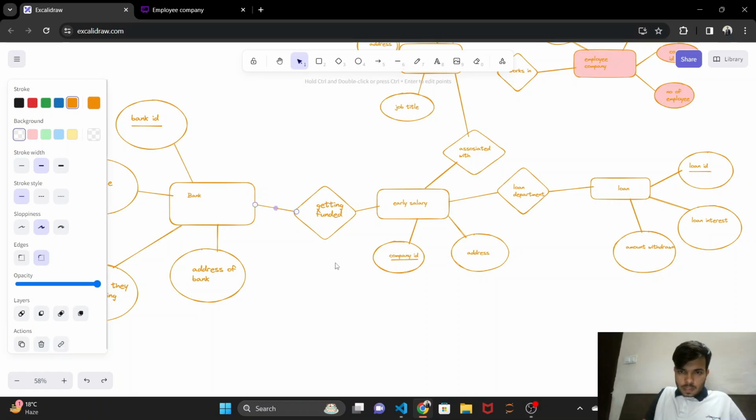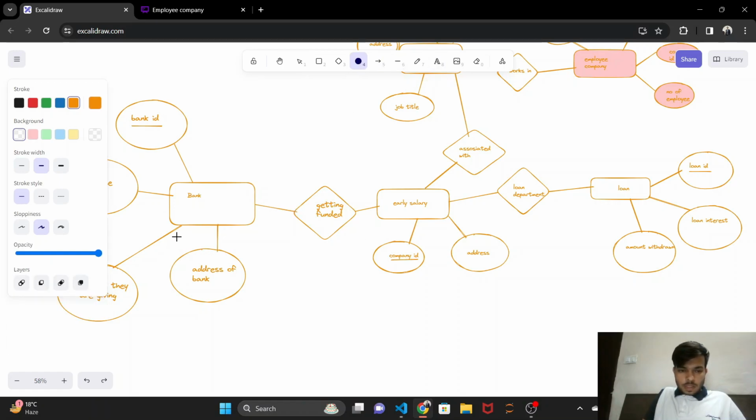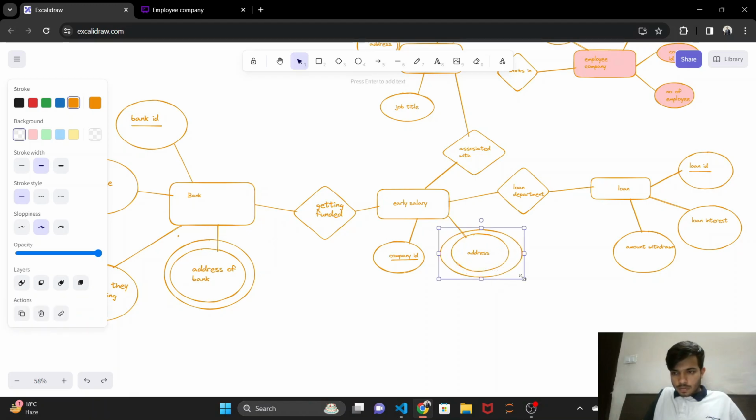So as address is a multi-valued attribute, we will be covering it with double circles, and here also double circle for bank address.